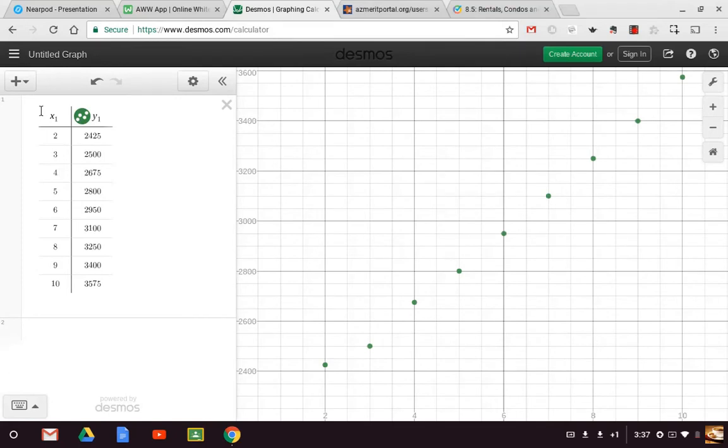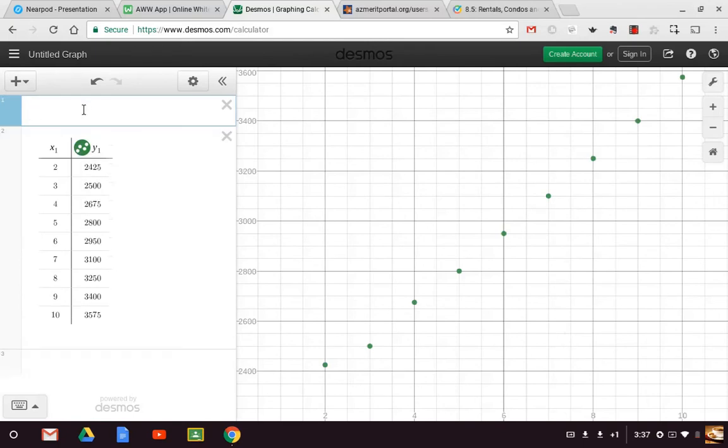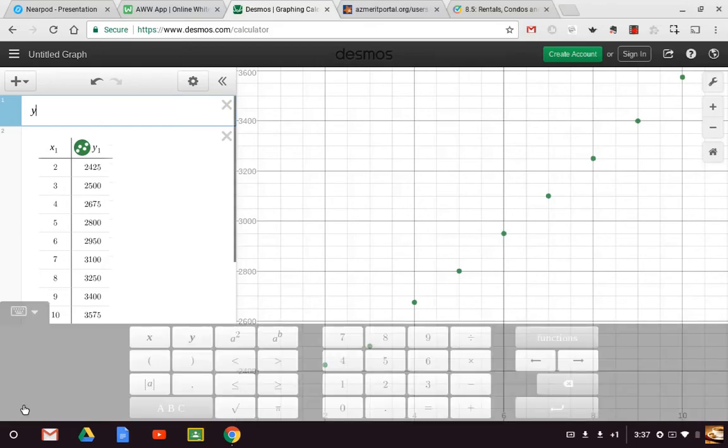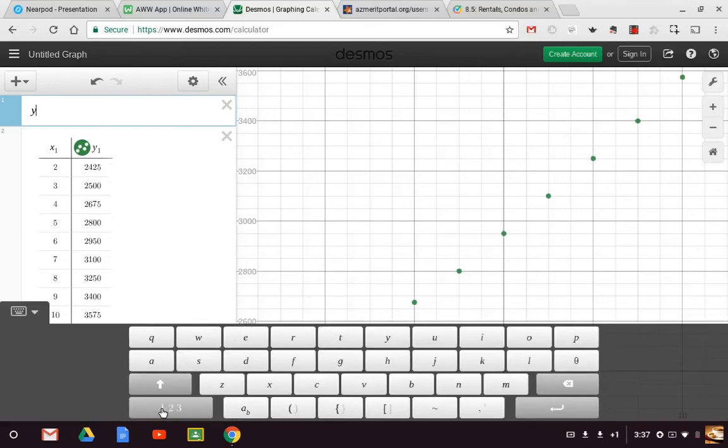To do the regression, we're going to add an expression. So I'm going to add an item, add an expression, and we need this to be our exponential equation we've been using. I'm going to start off with the y, but just like with the linear, we need it to be a y1. I'm going to use my keyboard, and next to the ABC key there's a little subscript key, the A with the small b.